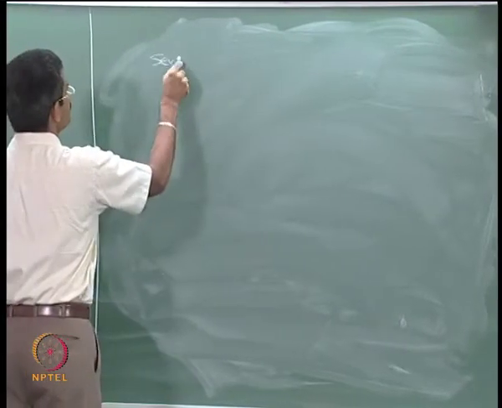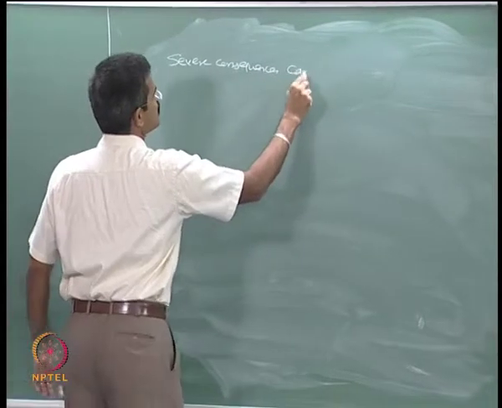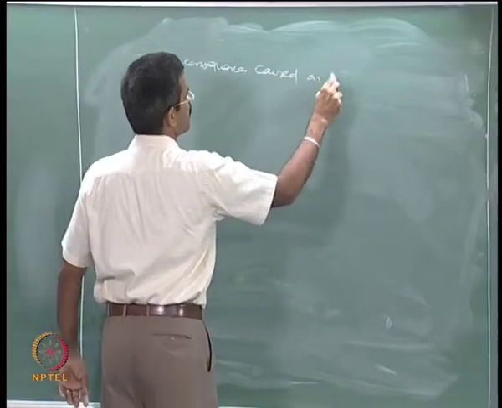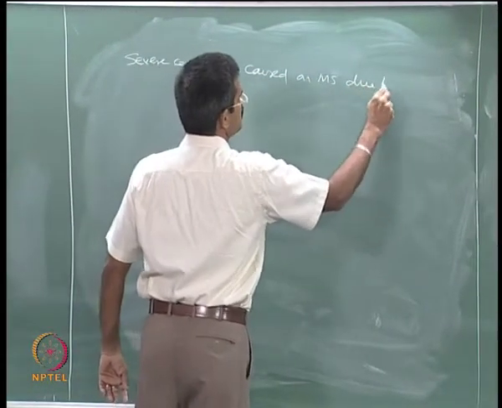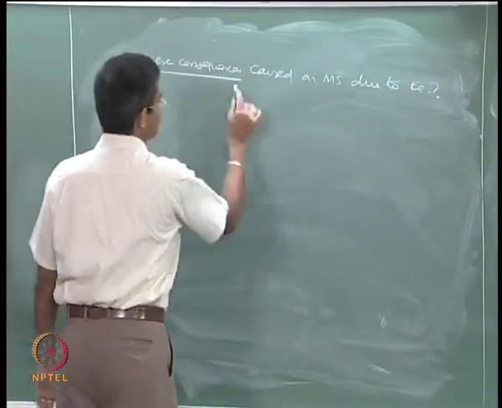What are said to be severe consequences caused on marine structures due to earthquakes? What are the severe consequences?